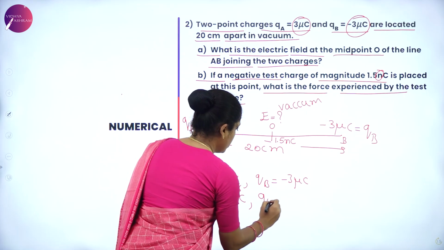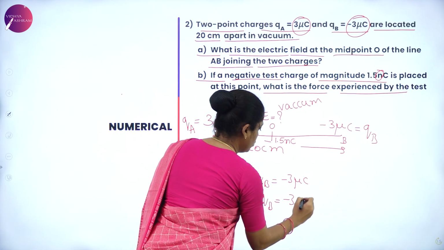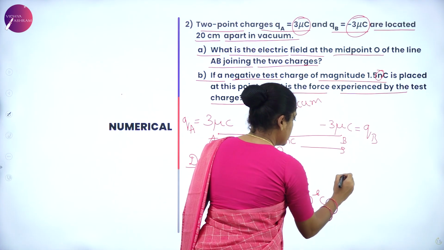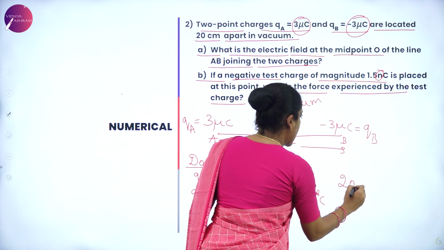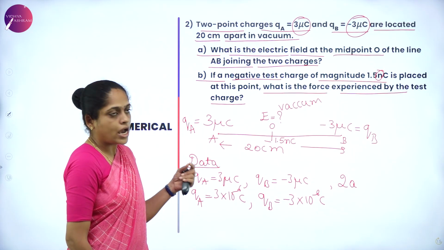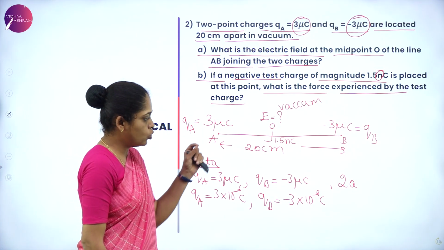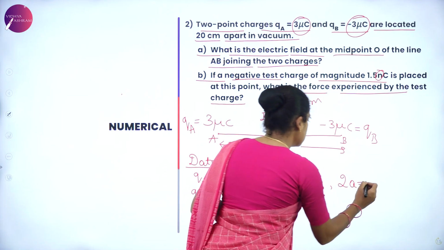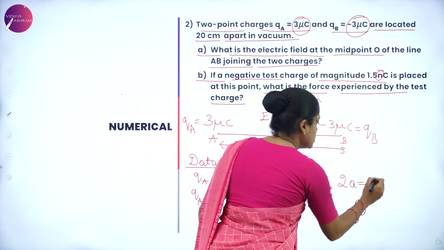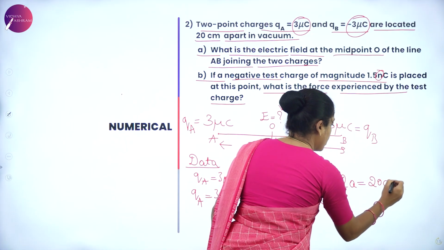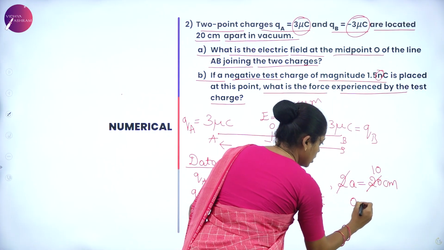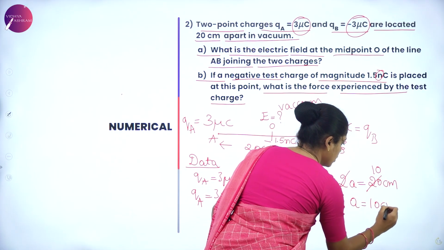So QA is 3 into 10 power minus 6 coulomb and QB is equal to minus 3 into 10 power minus 6 coulomb. They are separated by distance. As it is a dipole, the distance between the two charges is equal to 2a. In this diagram, 2a is equal to 20 centimeter. So, a is equal to 10 centimeter.